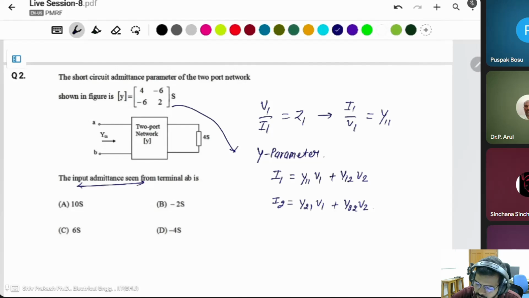Okay, all the values are given. Y11 is 4 in the question. Y12 is minus 6. Y21 is minus 6. Y22 is equal to 2.